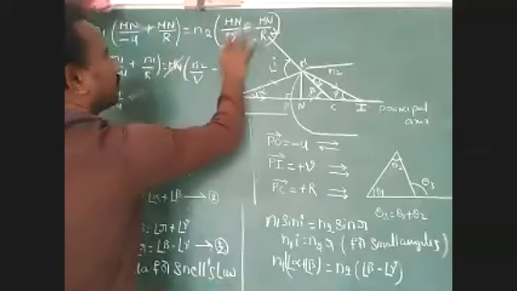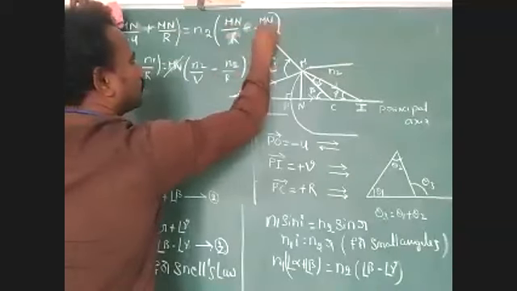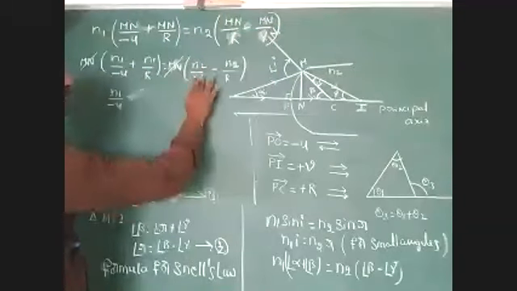Here also we have to write MN by R, MN by R minus MN by v.